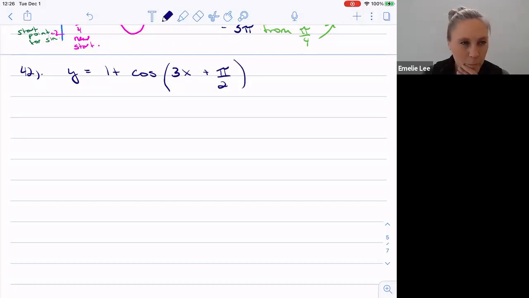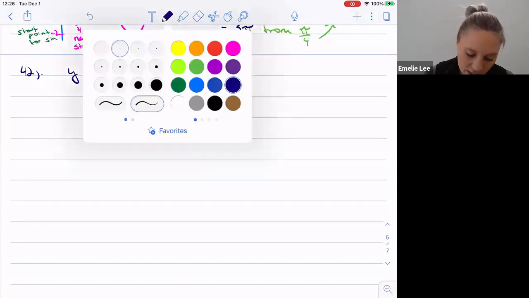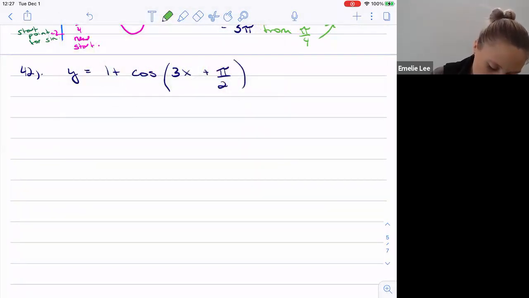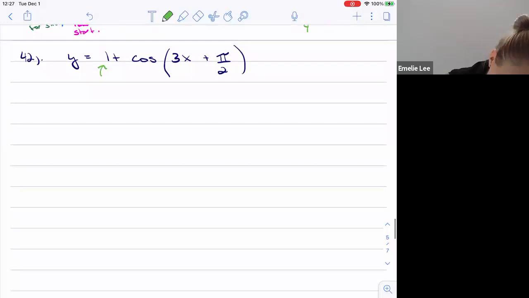Okay. So here, right, we're going to notice, shift whole graph up 1.